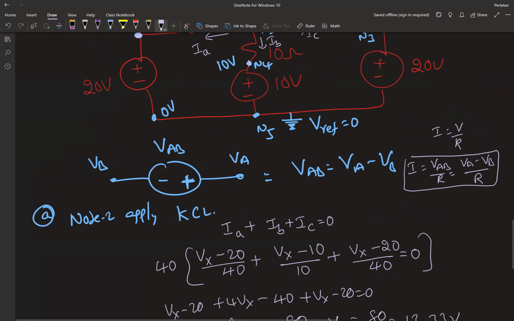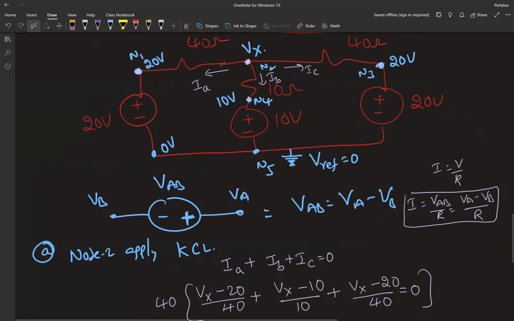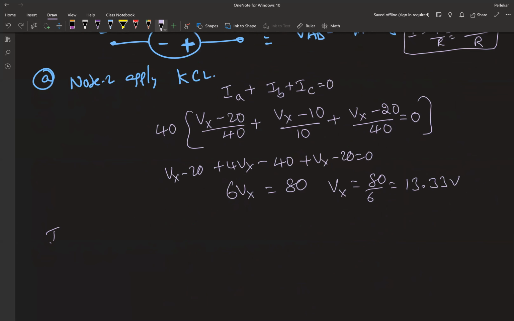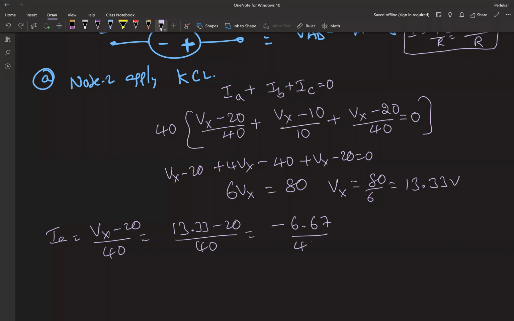Now you can find IA, IB, IC, which are the currents supplied by each source. What is IA? IA equals (Vx minus 20) over 40, so (13.33 minus 20) over 40, so minus 6.67 divided by 40.